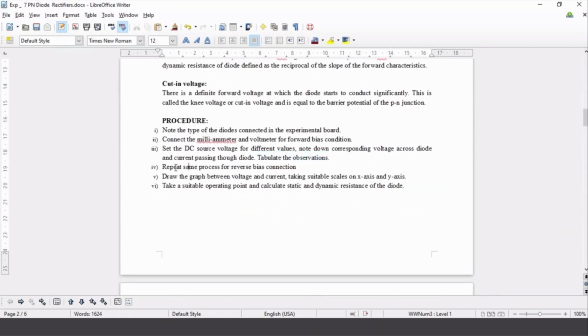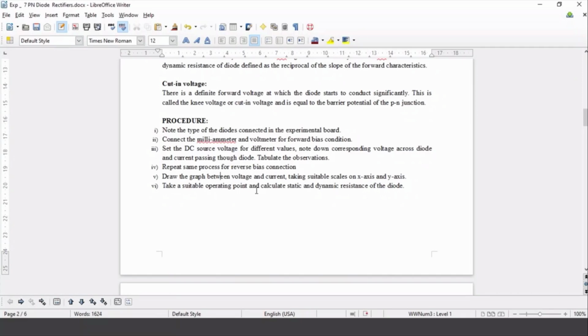Now we need to repeat the same process for reverse bias condition and draw the graph of current versus voltage, taking suitable scales on the y and x axis. When you say suitable scales, you should understand that in reverse bias condition you would have a scale which is about 1000 times smaller than that of the forward bias condition. That you should keep in mind while drawing the graph.